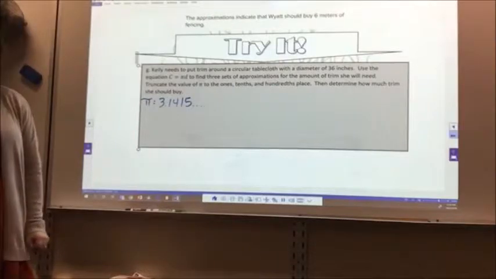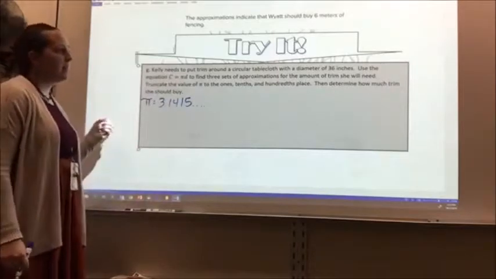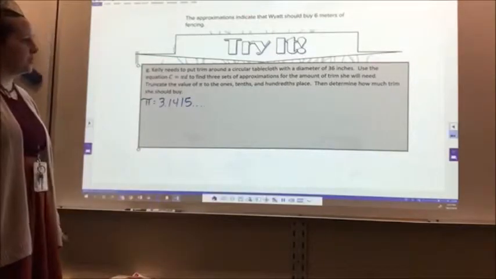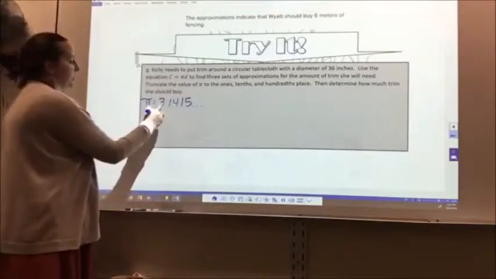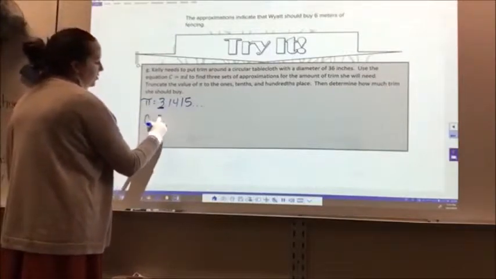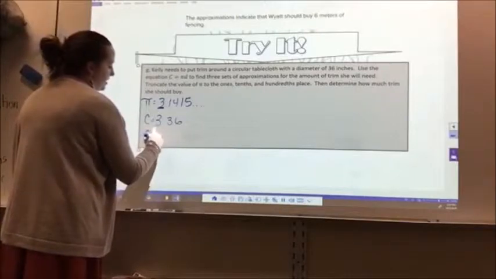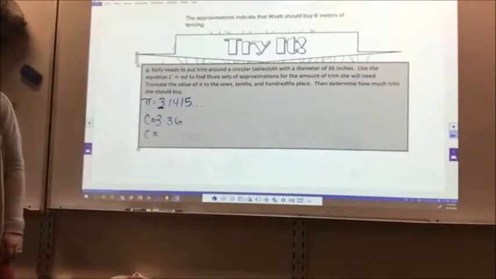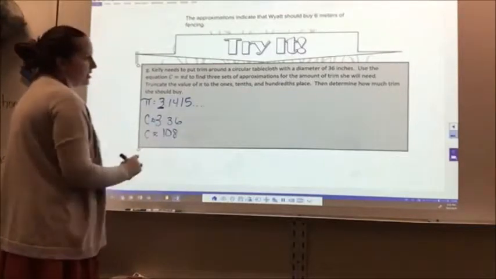From here, it tells me to use C equals pi times D. The diameter, which is D, is 36 inches. So the first approximation I'm going to do is the ones place, which is here. So my first approximation is C equals 3 times 36. So C is approximately 108 inches.